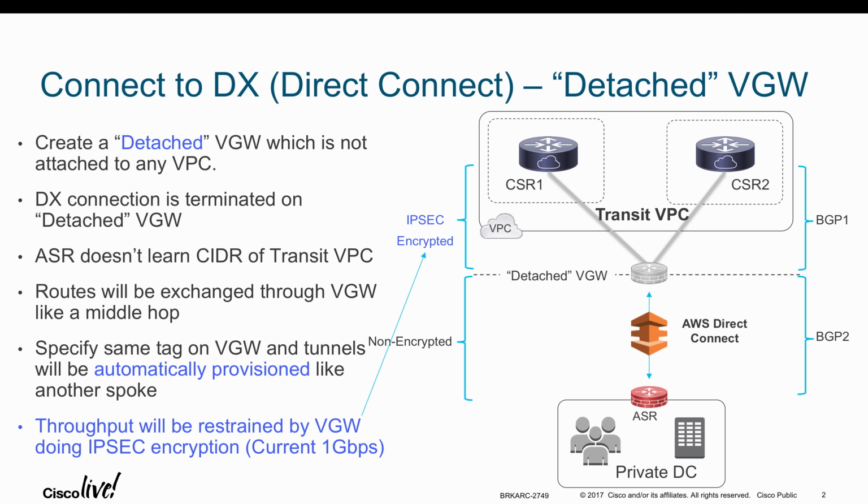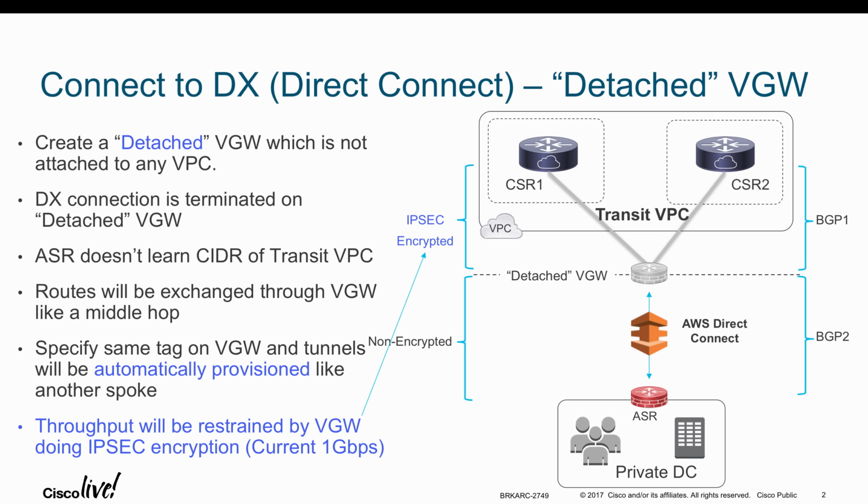The VGW itself will terminate the Direct Connect. If you see the topology, the VGW is used to terminate the direct connection with the BGP domain 2 and connect back to your on-prem network.